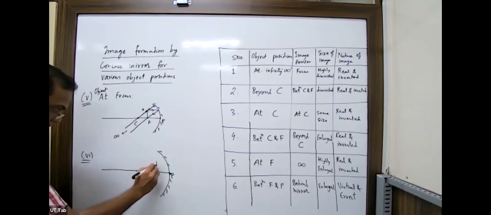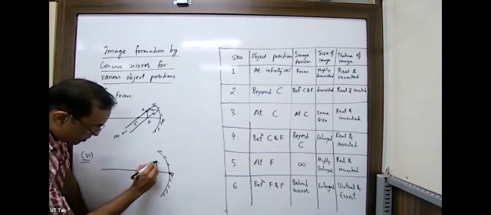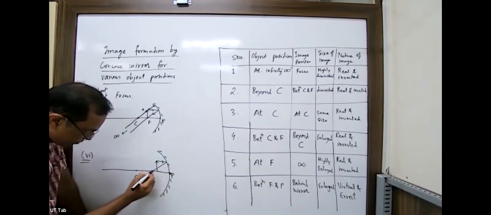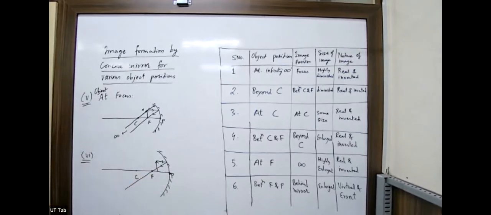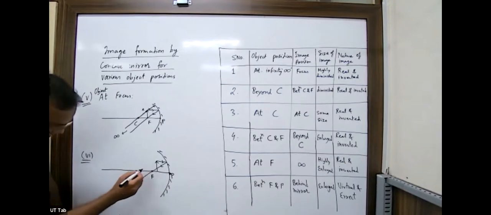Let us say this is our object now. So the first reflected ray would pass through focus. Second one you can take through center of curvature.